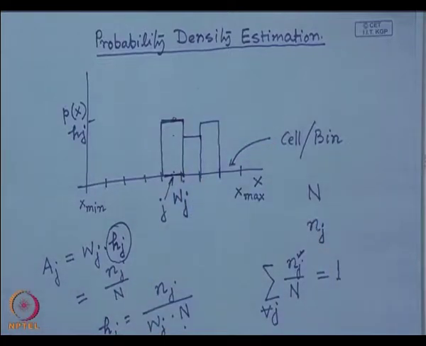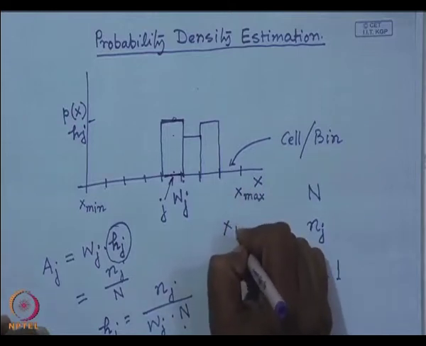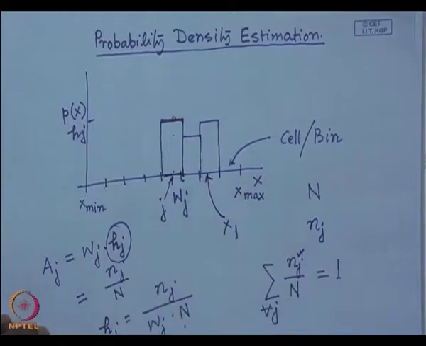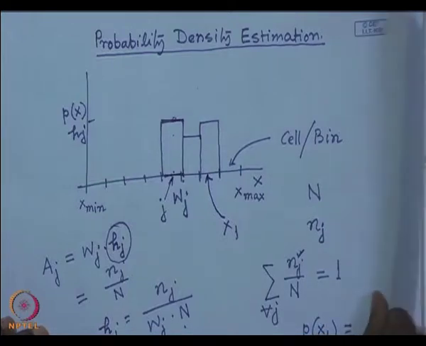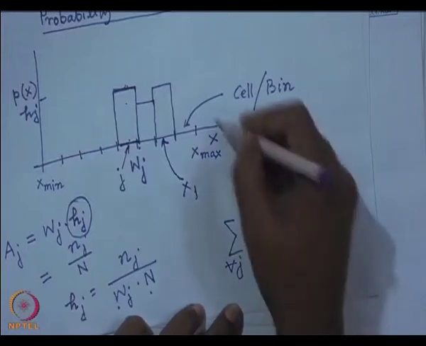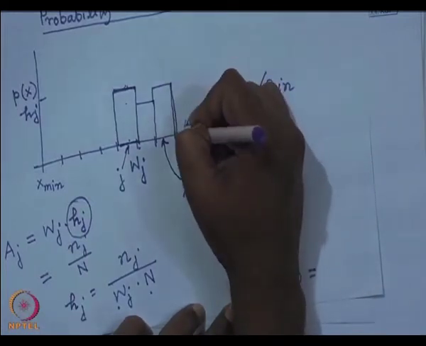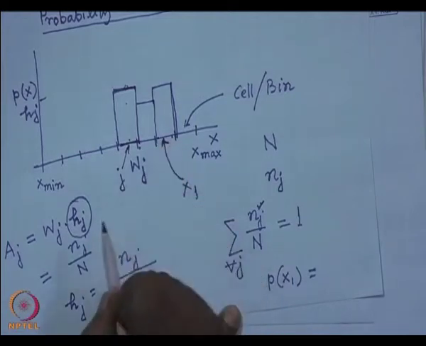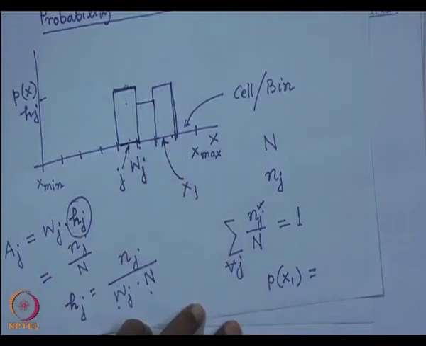Now, for an unknown x, say x 1, if I find that this x 1 falls in this bin, the probability p of x 1 is nothing but the height of this particular bin, because that is our assumption that within a bin or within a cell the probability density is constant.